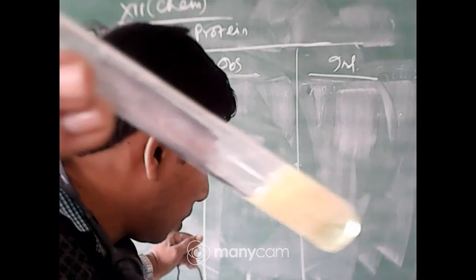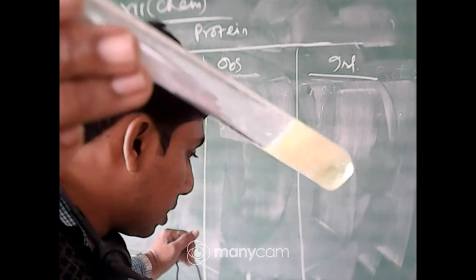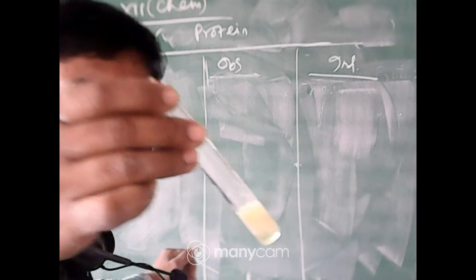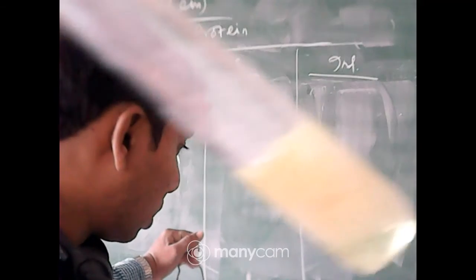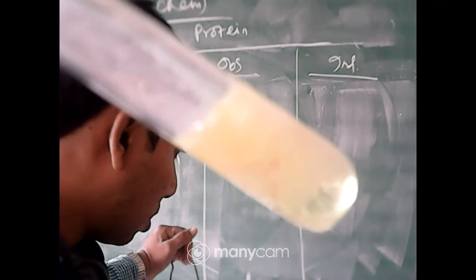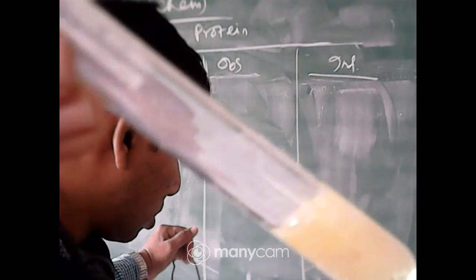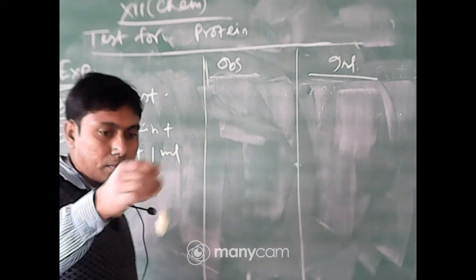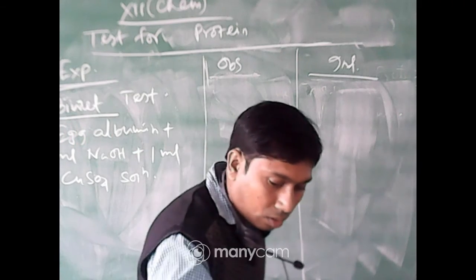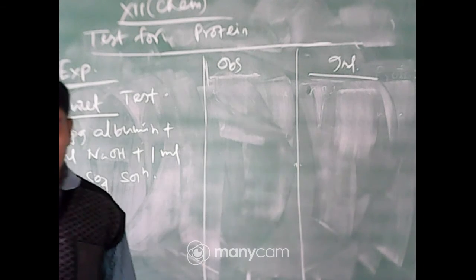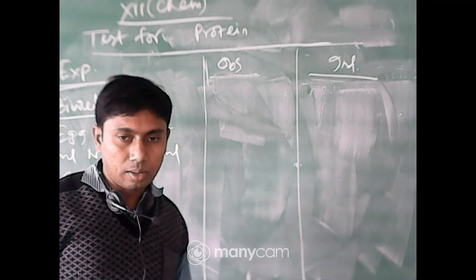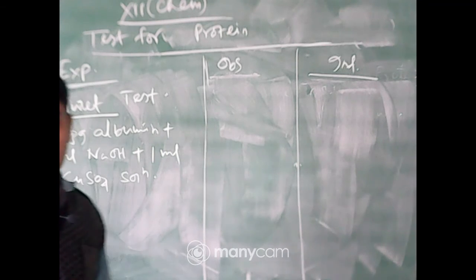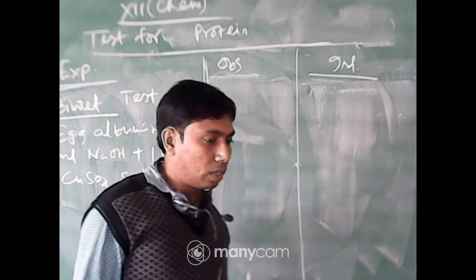When you detect the yellow color, that is the sample plus concentrated acid given to the water bath, the yellow color is not detected by the camera. Okay. So this is a very good yellow color that came. And another test is the solution plus ninhydrin, an intense blue color will appear when it is heated on the water bath.